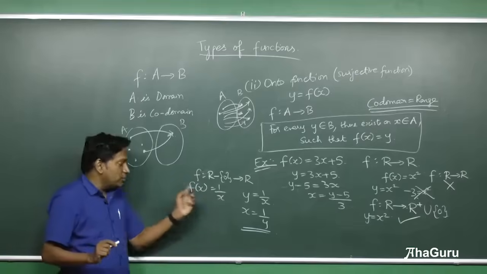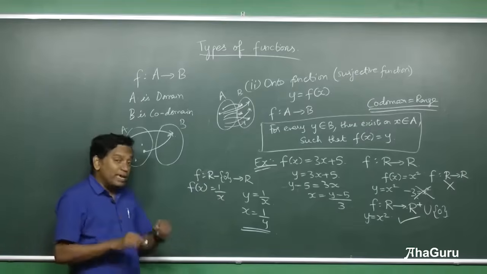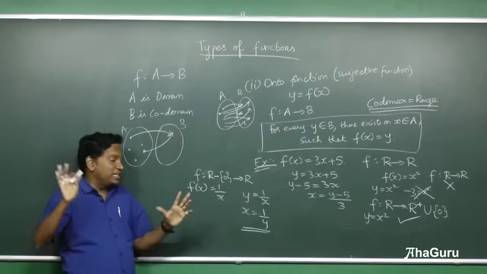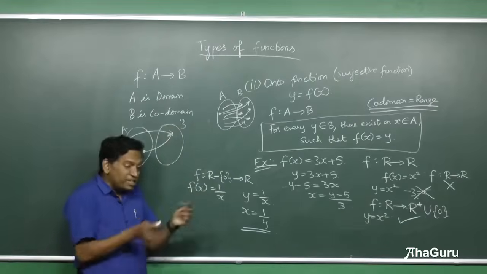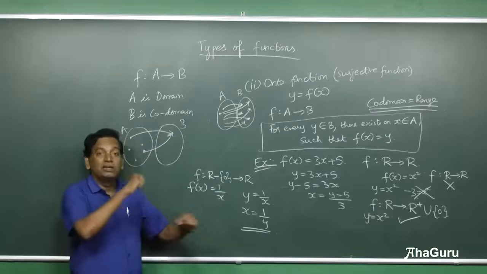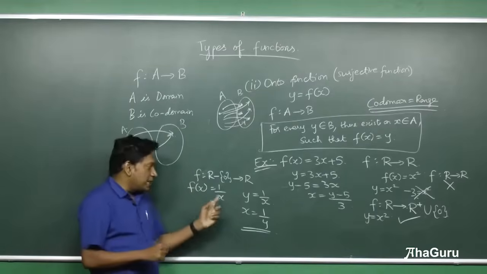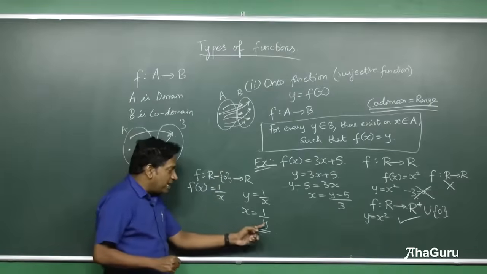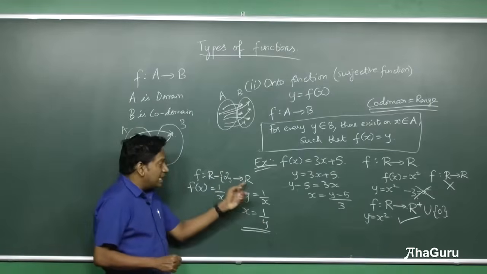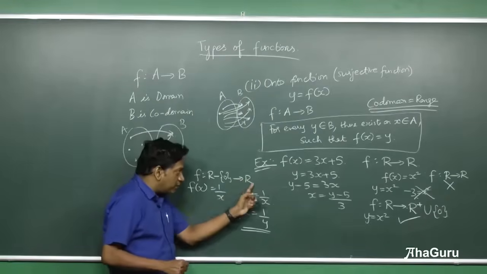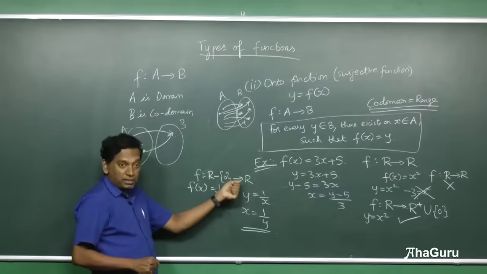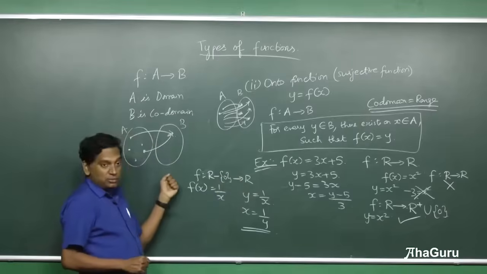Why? For 1 by x to take the value 0, x has to be exactly infinity. If you assume that 1 by infinity is 0, but we already know that infinity is not a real number with which you can do mathematical operations. Therefore, this is not an onto function because y equals 0 is not allowed. That means the 0 which is part of the codomain is actually not getting mapped from any pre-image.